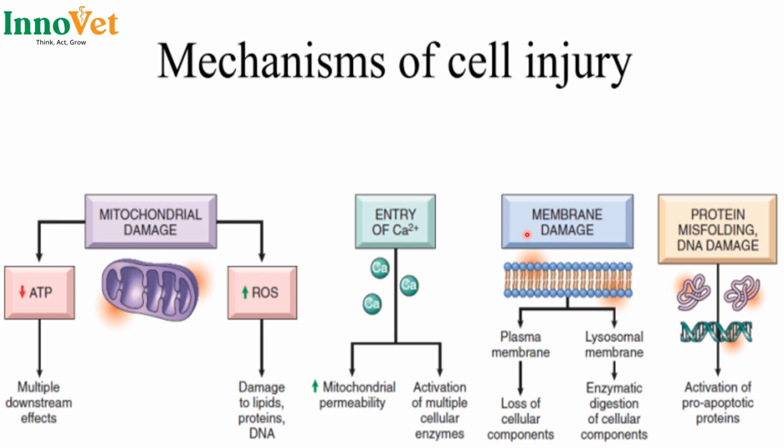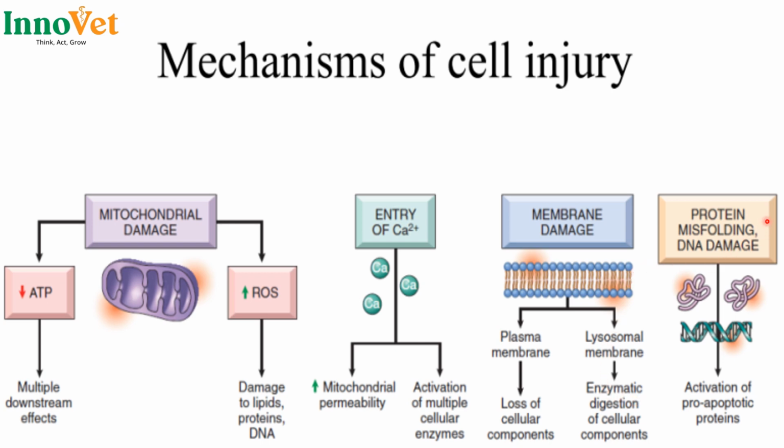Then we also have membrane damage. When the plasma membrane is damaged, we shall lose cellular components. Then also membranes like the lysosomal membrane may be damaged and bring about a release of the lytic enzymes that will digest the cellular components.